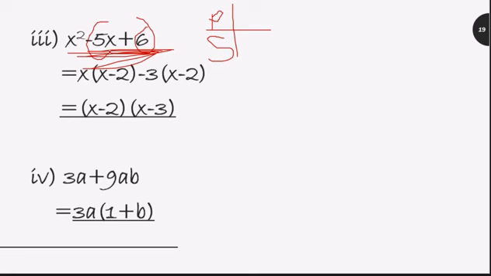What are those numbers? You discover that those two numbers are negative 2 and negative 3.